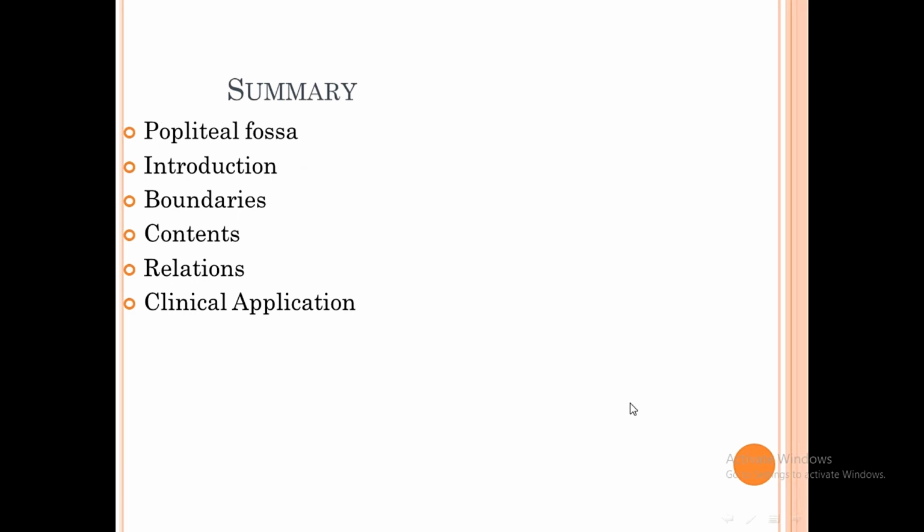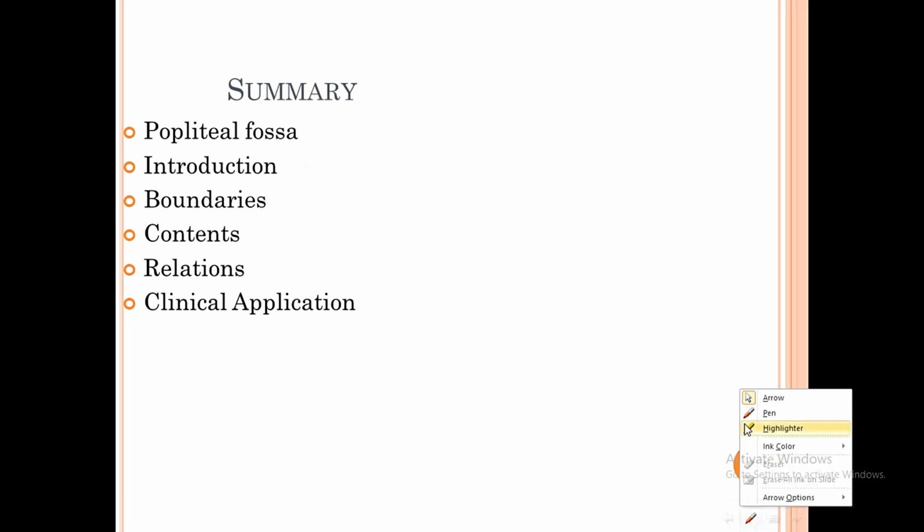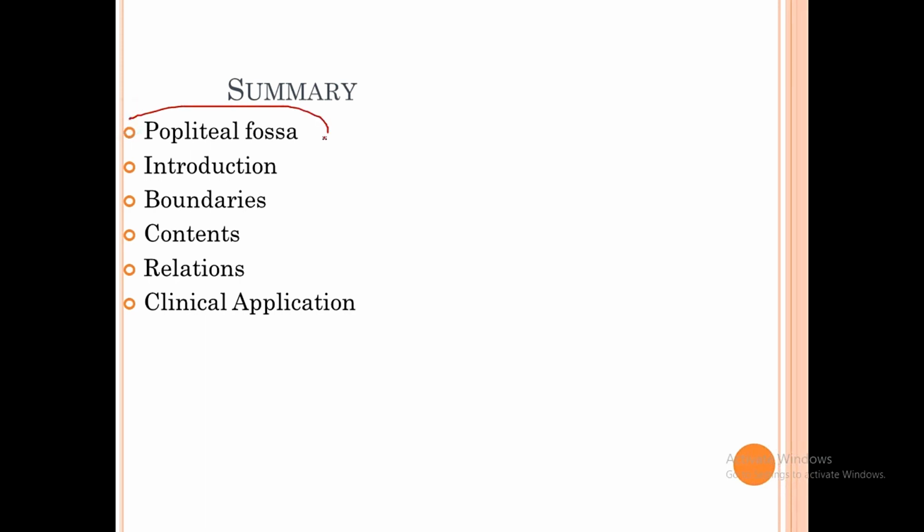So let's quickly summarize our lecture. We talked about the popliteal fossa. If you just quickly recall, in the popliteal fossa, we talked about its boundaries, and after the boundaries, we talked about the contents. So what are the contents of the popliteal fossa?